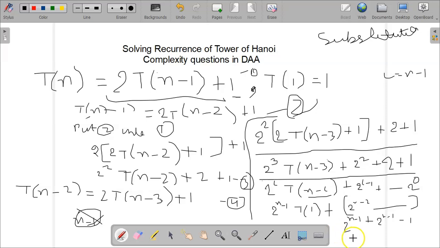When we add these two, it will become 2 multiplied by 2 raised to the power of n-1, minus 1.